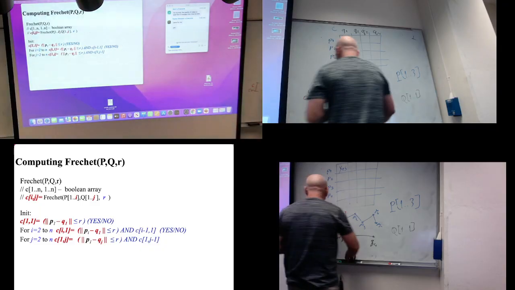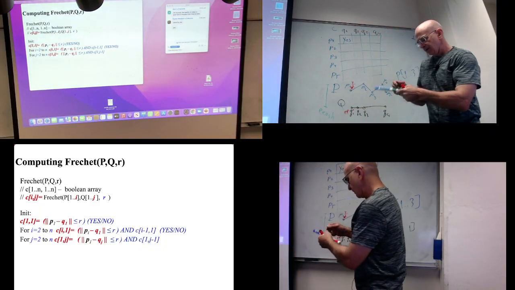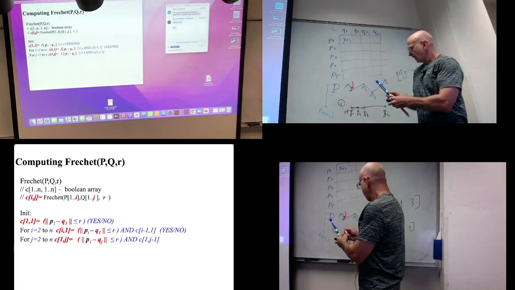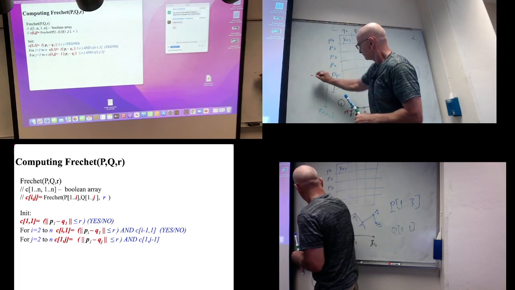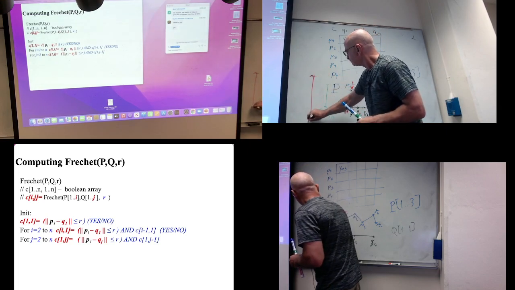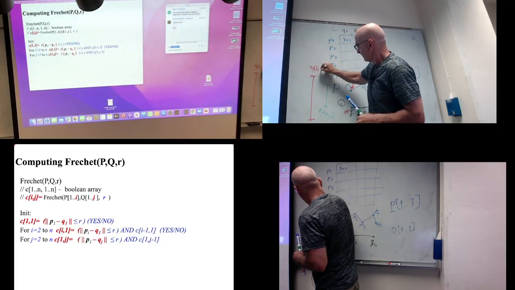Before we continue with the code, just to see that everybody is still breathing, let's try this leash. I'll say that is 30 centimeters.